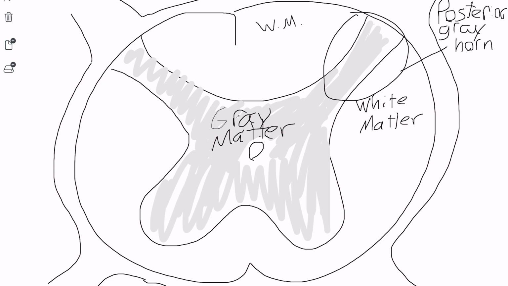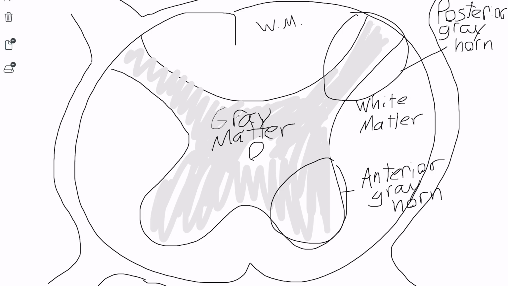Posterior gray horn. And down here, I'm gonna guess, we have the anterior gray horn. Now, for those of you that have taken a class where you've gone over anatomical terms, you can think about where this is situated on the human body.